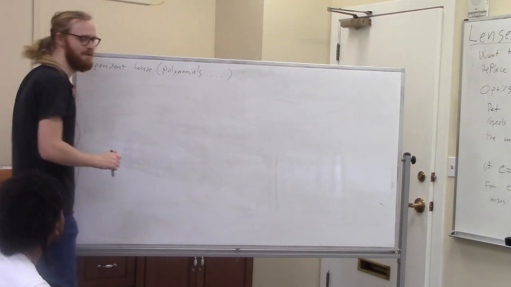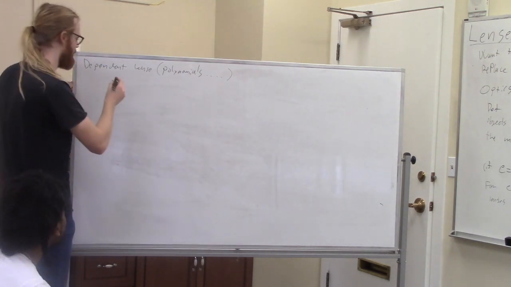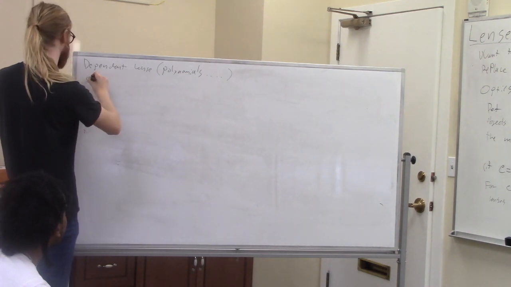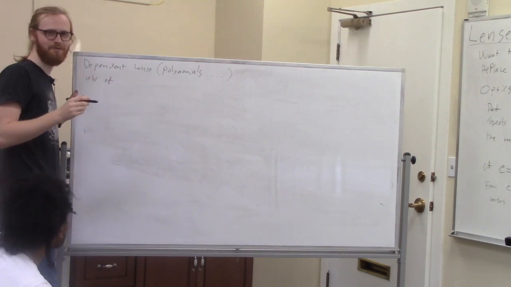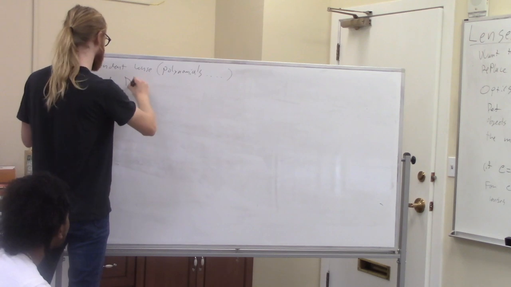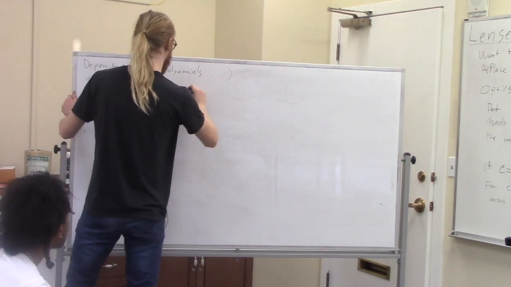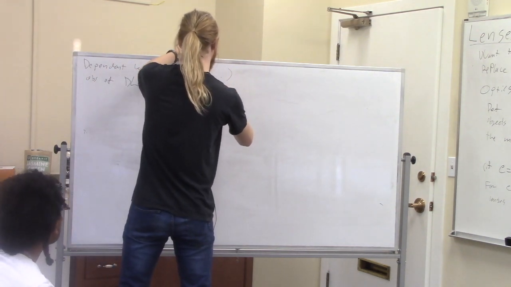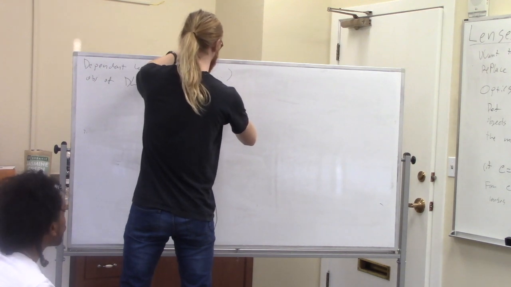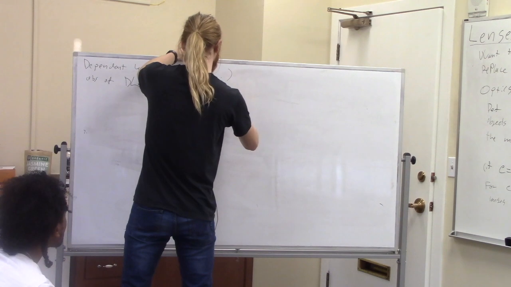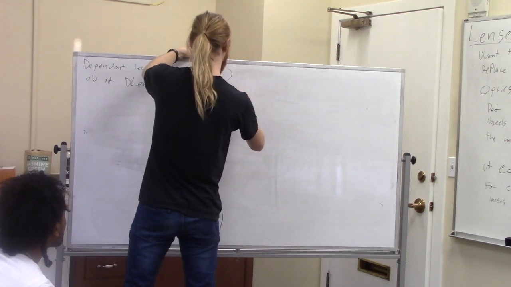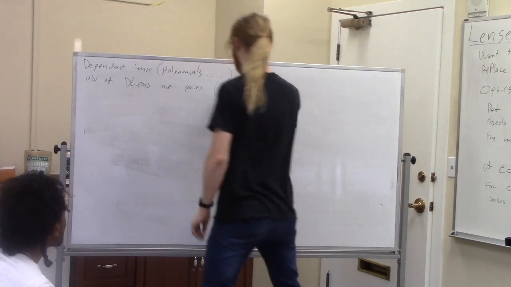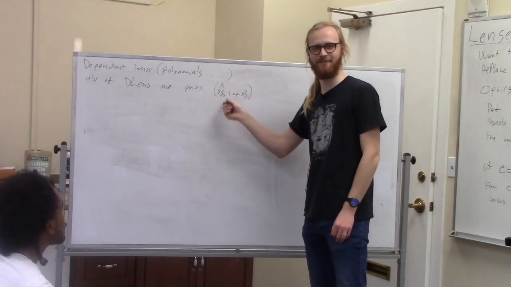Everybody who's been around David has seen this definition before, but let me write it up to emphasize the relation to the one we had before. The objects of D lens are pairs: X, and a family of sets Sx, for x in X. So a set, and then a set of sets indexed by the first set.